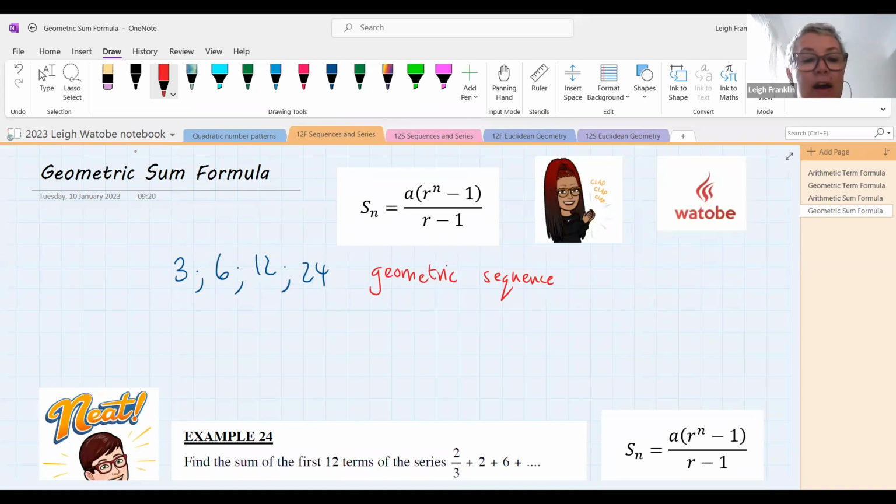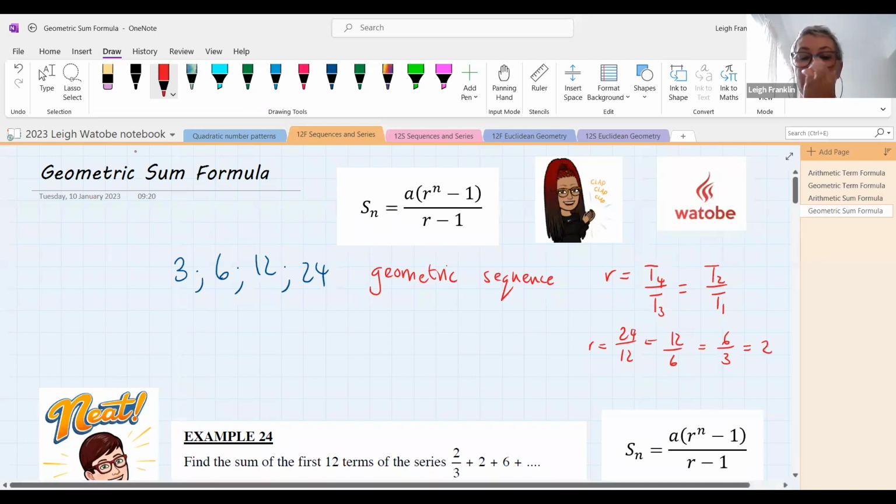In other words, when I divide term 4 by term 3, I get the same thing as when I divide term 2 by term 1. So 24 divided by 12 is exactly the same as 12 divided by 6, which is the same as 6 divided by 3. So in this case, your constant ratio is 2. So we know that it's a geometric sequence.